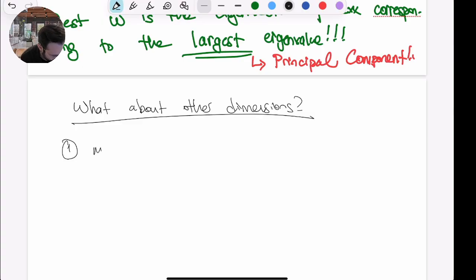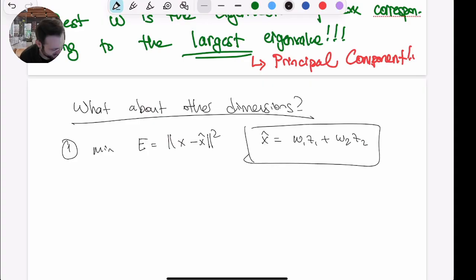So I would like to minimize some error, but this time, again, the same thing. I would like to have x minus x hat squared, but this time my x hat is w1 z1 plus w2 z2, right? So I have my two directions right now.